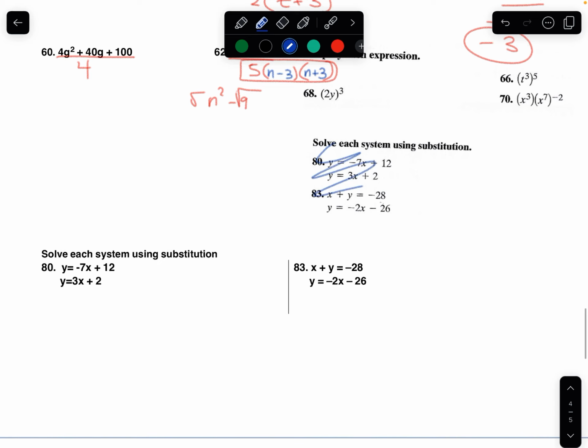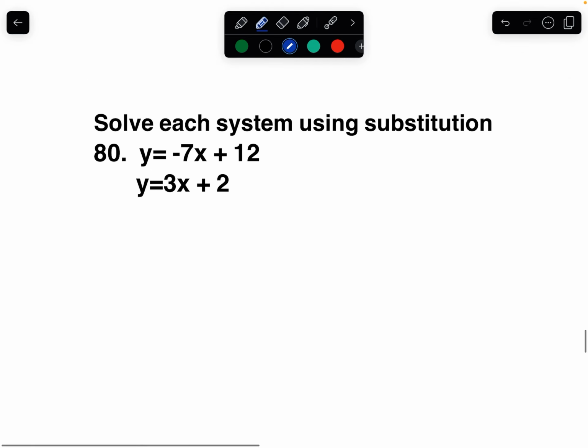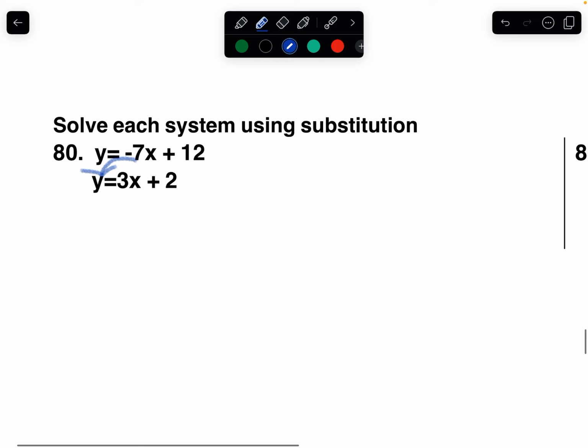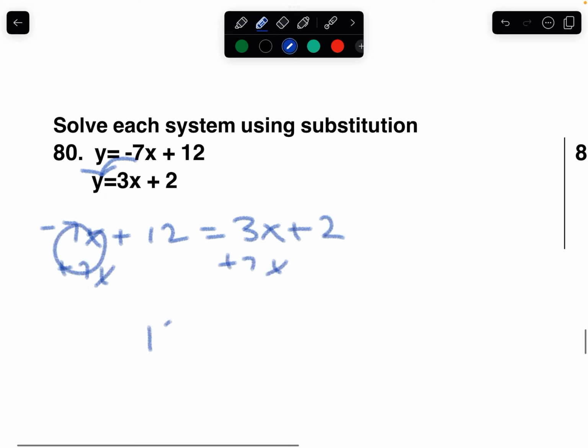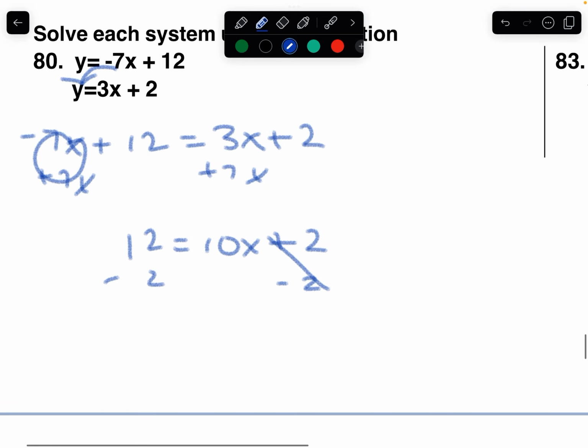Substitution. This was a mistake. Forgot to put this in here. Make sure -7x plus 12 equals 3x plus 2. Add 7x, add 7x. 12 equals 10x plus 2. Minus 2, minus 2. 10 equals 10x.